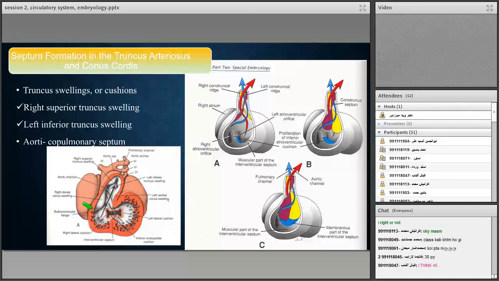These conus swellings also grow toward each other and distally to the truncus septum. They are growing toward the swellings of the truncus arteriosus to complete the septum.